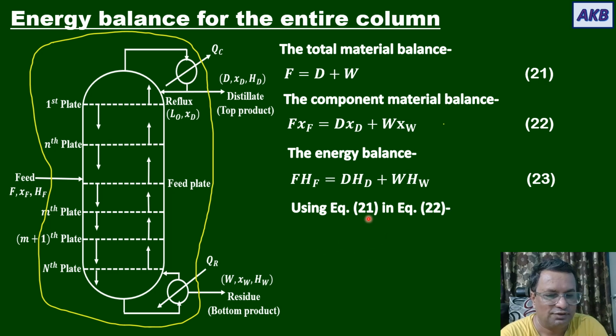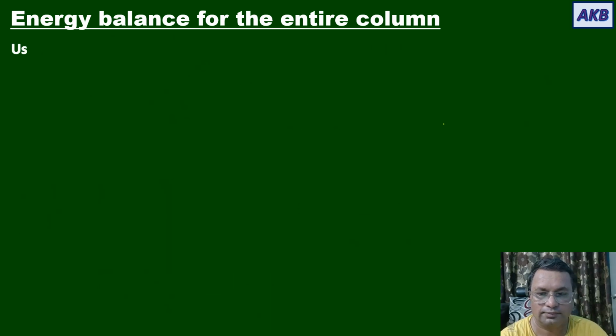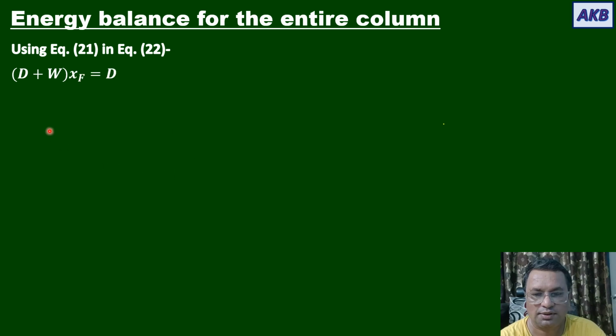First, we will be using equation 21 in 22. In place of F we are going to use D plus W. So (D plus W) into XF is equal to D into XD plus W into XW.